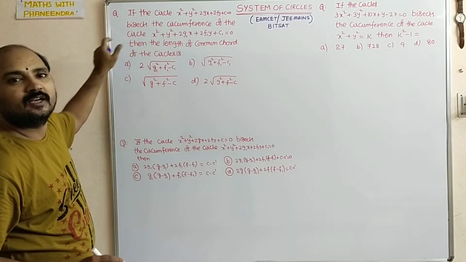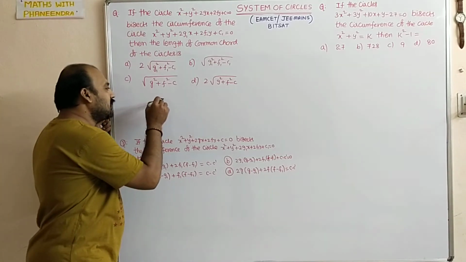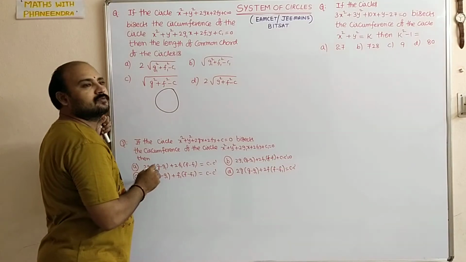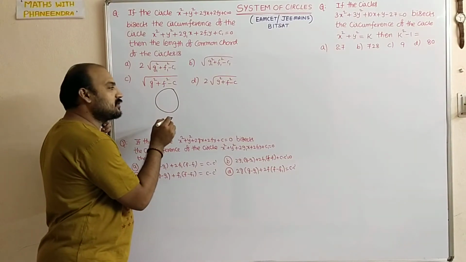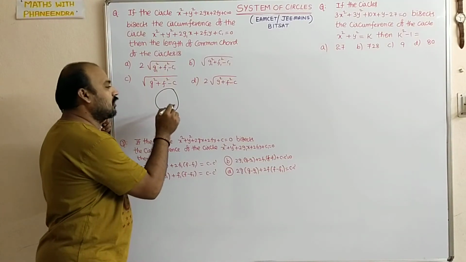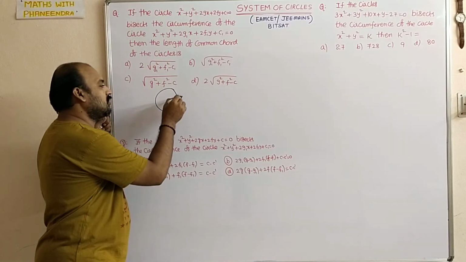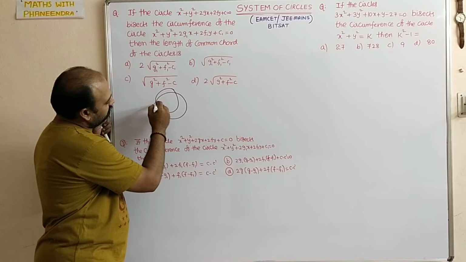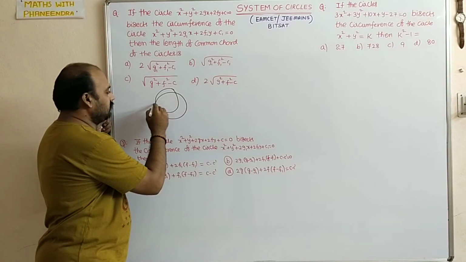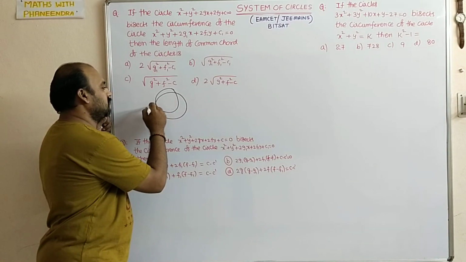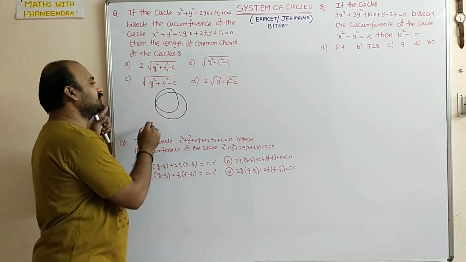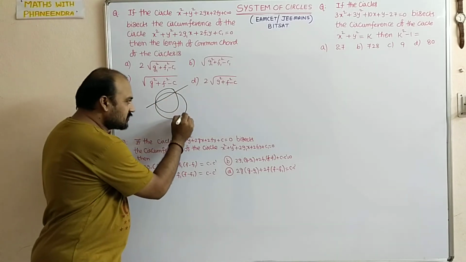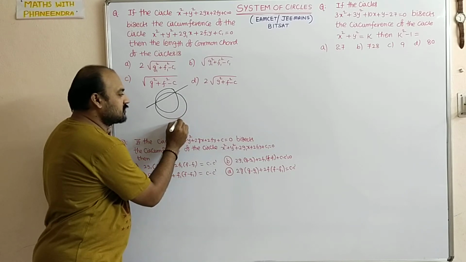So these are the first circle equation, and for the second equation of circle, the common chord, whatever it is, the common chord is there. This is the common chord. Just a rough diagram it is. This is the first circle, you can take it.